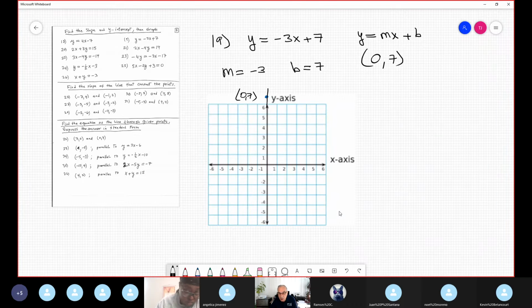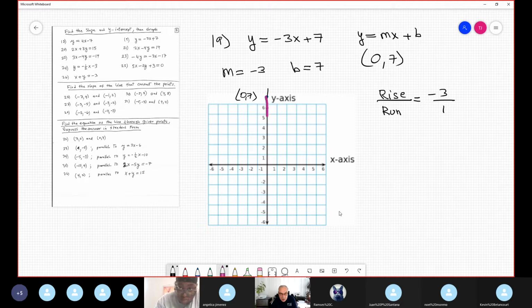But remember, slope is the ratio between rise and run. In this specific example it is -3/1, because the slope is not a fraction, it's a whole number. So -3 is 3 units down.